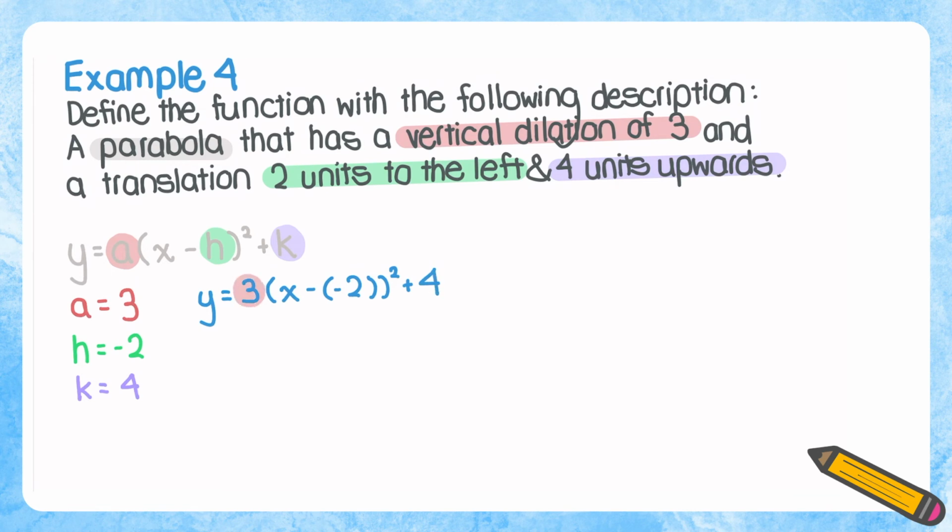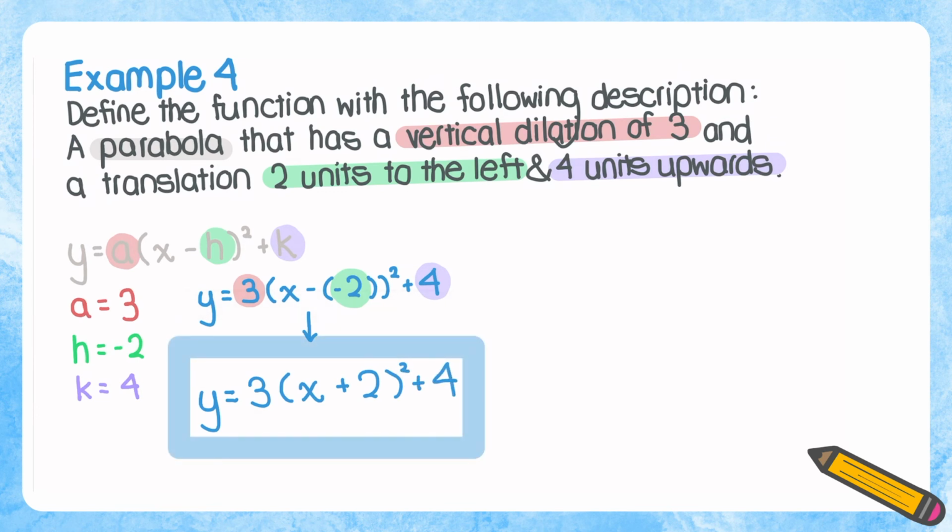I'm simply replacing the parameters a, h, and k with the values we just found. And let's rewrite this to make it look a little simpler. y equals 3 times (x plus 2), because of that double negative, quantity squared plus 4.